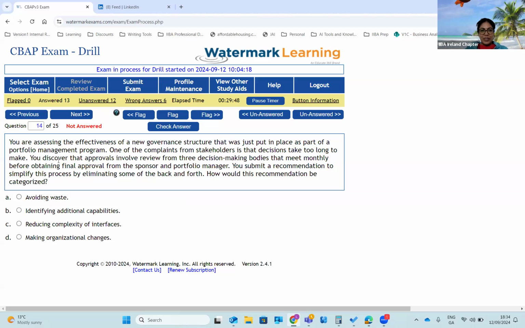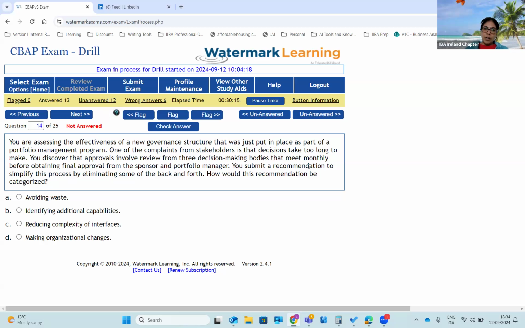Okay. Next one. You are assessing the effectiveness of a new governance structure that was just put in place as part of a portfolio management program. One of the complaints from the stakeholders is that decisions take too long to make. You discover that approvals involve review from 3 decision-making bodies that meet monthly before obtaining final approval from the sponsor and portfolio manager.